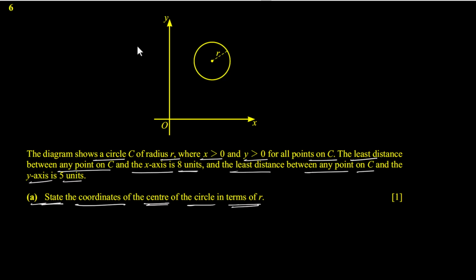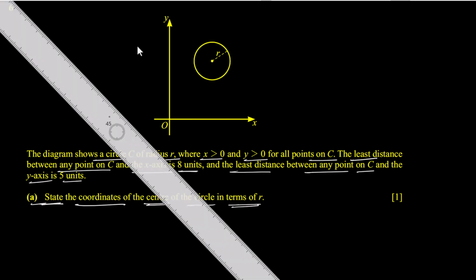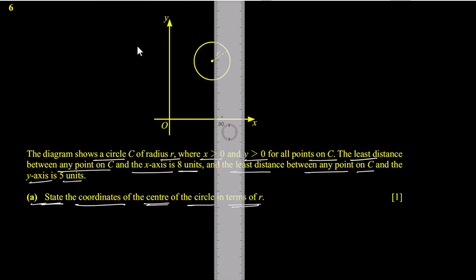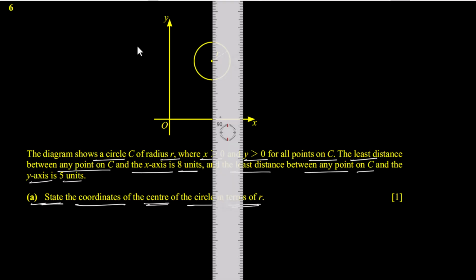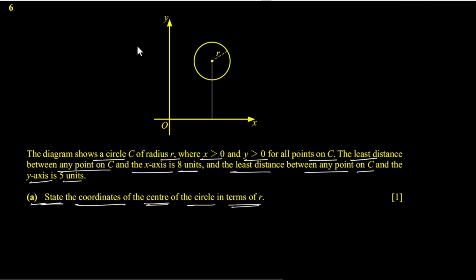We know the least distance is always going to be a perpendicular distance. So if I take the ruler here, we can see that if I drop a perpendicular from here, this is going to give me the x coordinate and the y coordinate of the center.